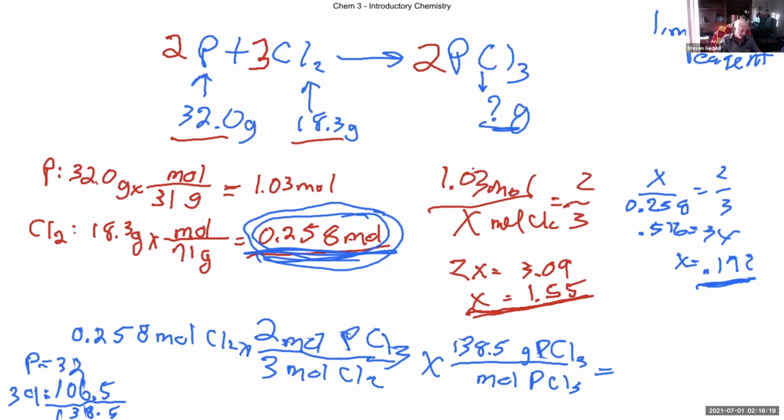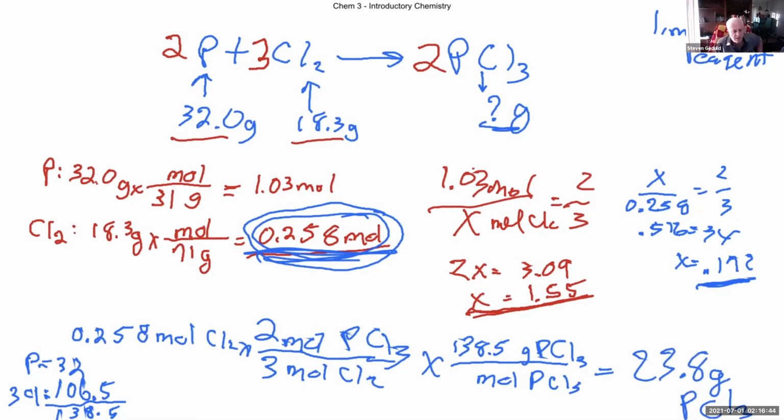Use our calculator. On the top, you multiply; the bottom, you divide. We take 0.258 times 2, divide by 3, times 138.5 equals 23.8 grams of phosphorus trichloride.